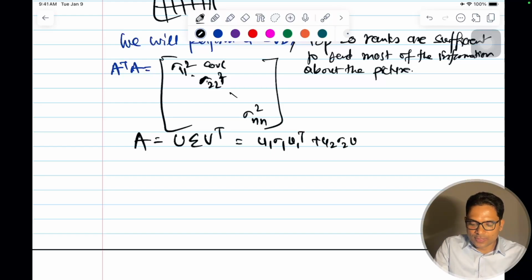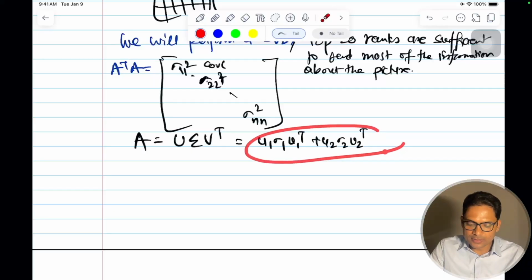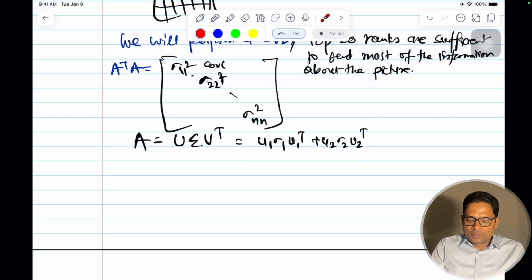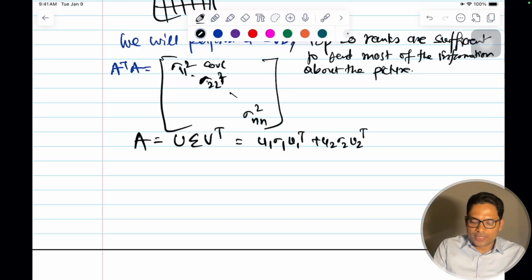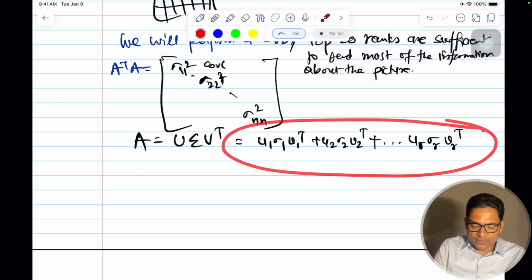Then U2 sigma 2 V2, and so on. These sigma 1, sigma 2 are the singular values, the dimensions along which the variance is maximum, arranged in descending order. Like this we can go to the rank of the matrix, up to U R sigma R V R transpose.